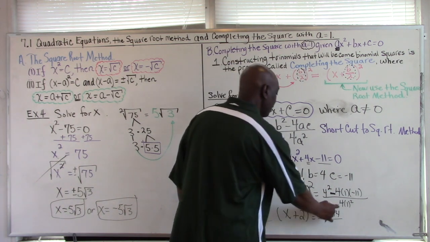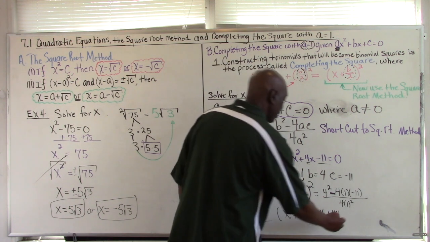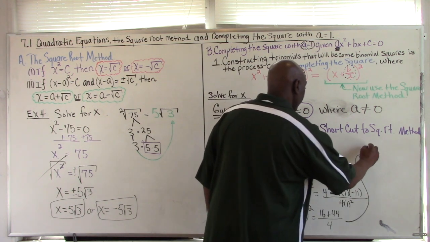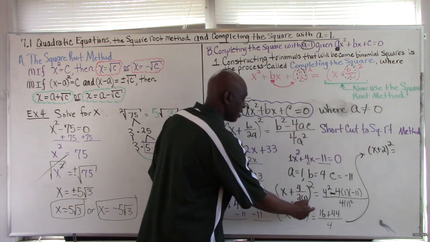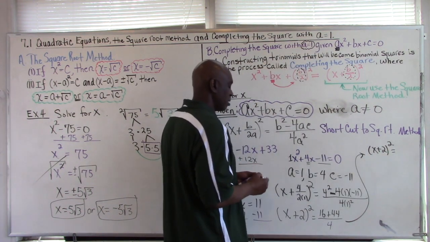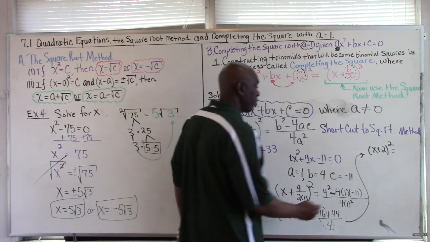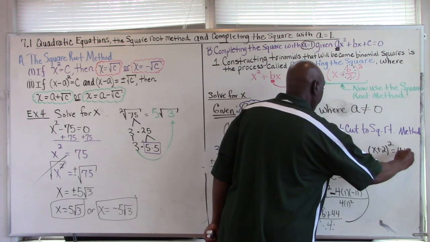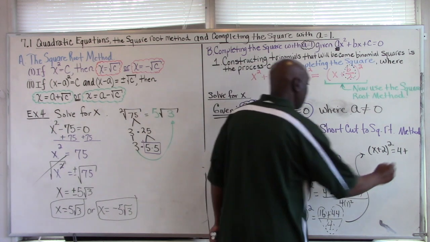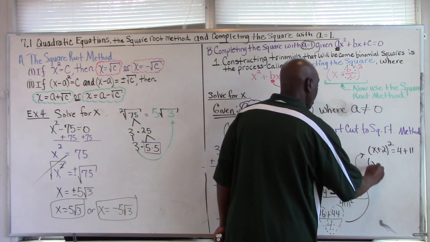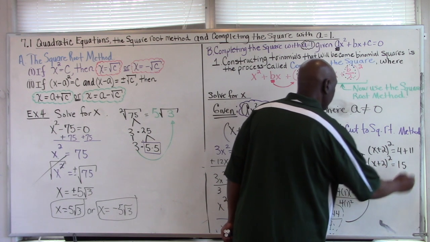All divided by 4 times 1 squared, which is 4. Which is going to give us x plus 2 quantity squared, which equals 16 divided by 4 is 4, plus 44 divided by 4 is 11, which equals 15.